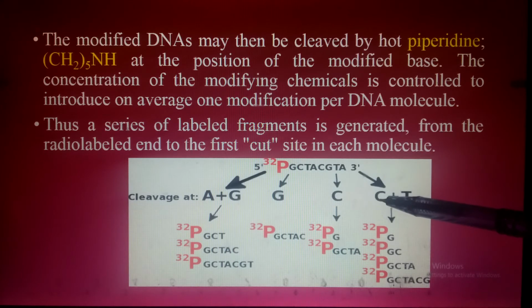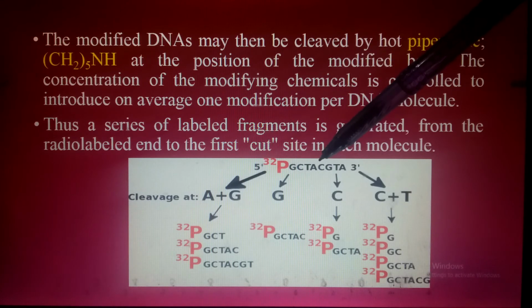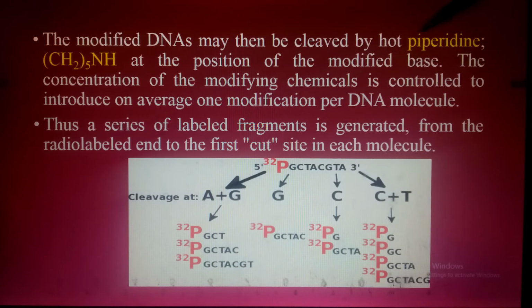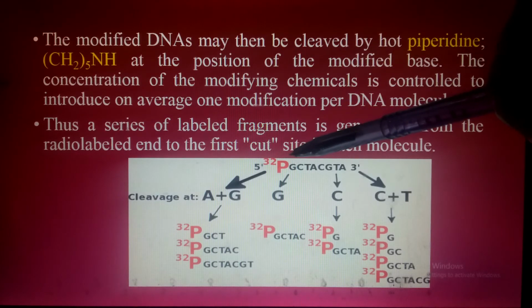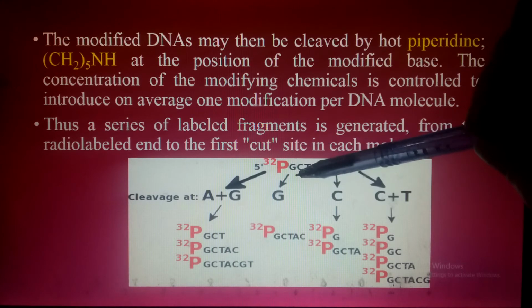When the modification occurs along the DNA strand, the next step is piperidine application. And piperidine is used for what? For cleavage of the DNA. If the DNA is modified at the G position, then it will break the DNA at that position.